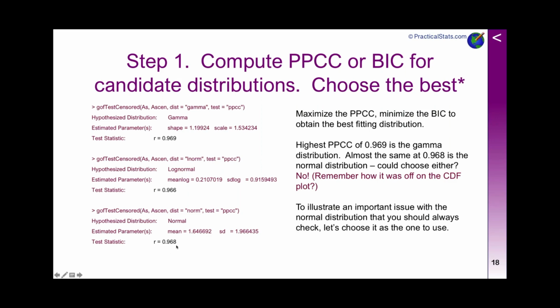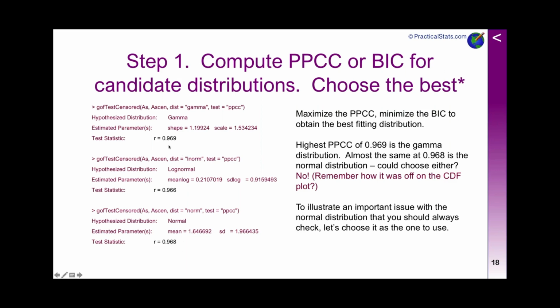And I will just tell you that the PPCC doesn't do a good job of picking up, with its method of computation, the negatives that you don't see in the detects. So it's not efficiently figuring out that the bottom end of this distribution is getting misfit. I've seen this in a number of sets of data like this.